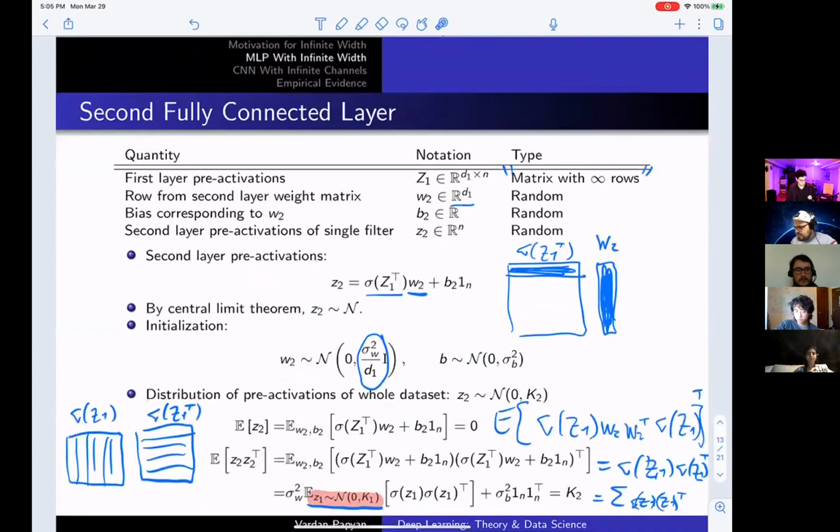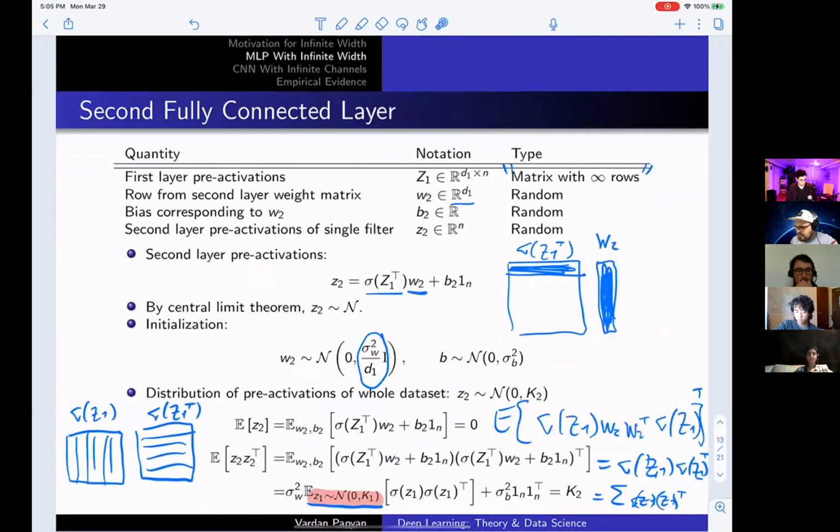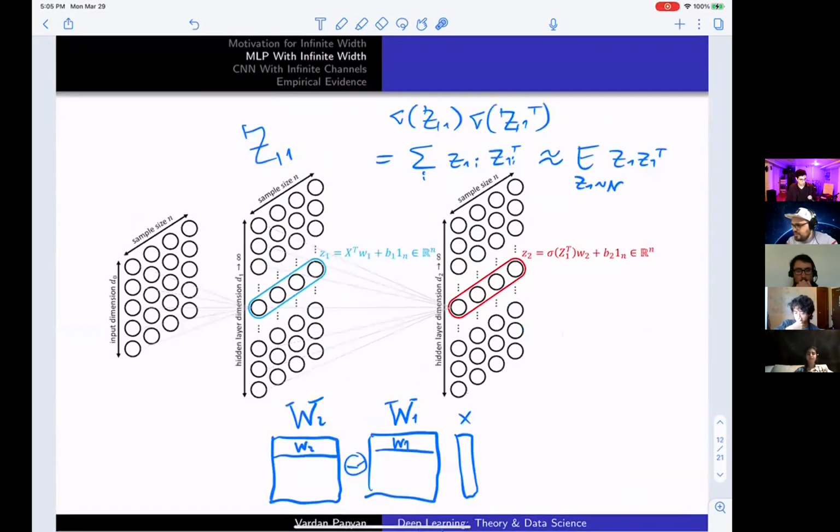In fact, I can show you exactly where it is. Let me add another step. The step before this was the expectation over sigma Z1, so this is capital Z1, times W2 transpose sigma Z1, right?